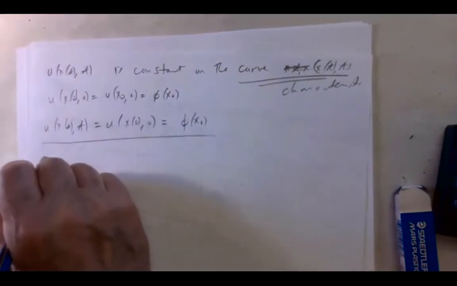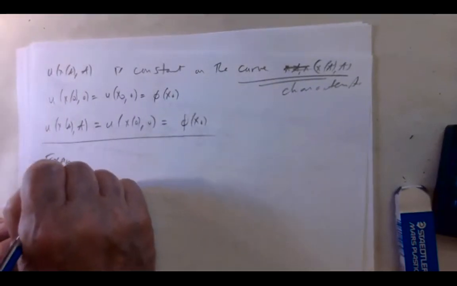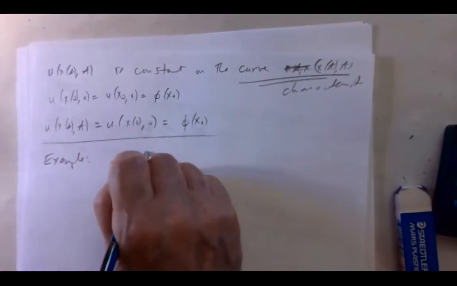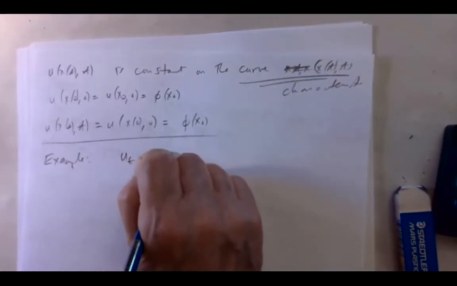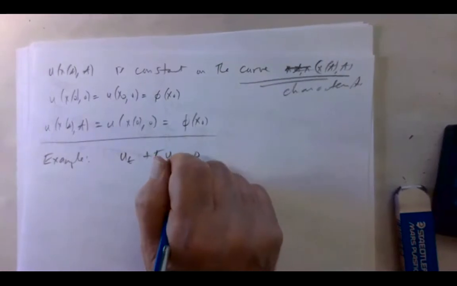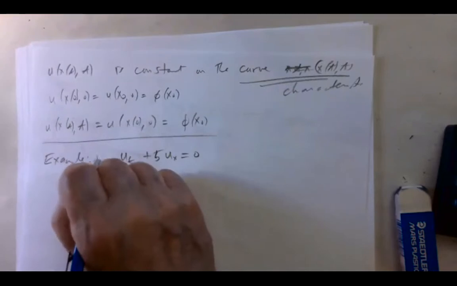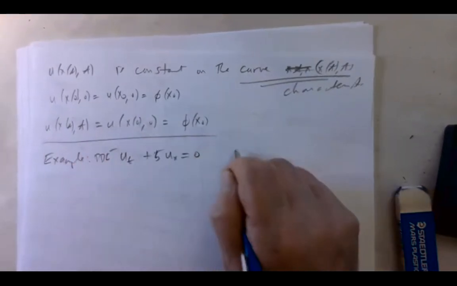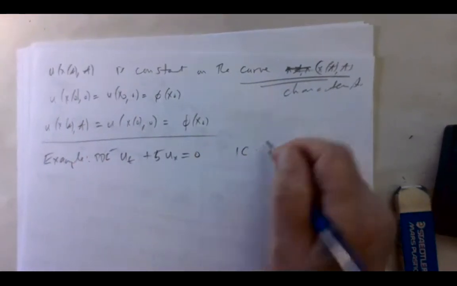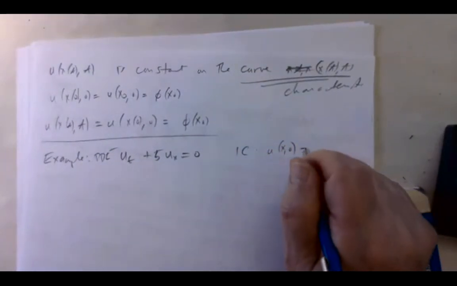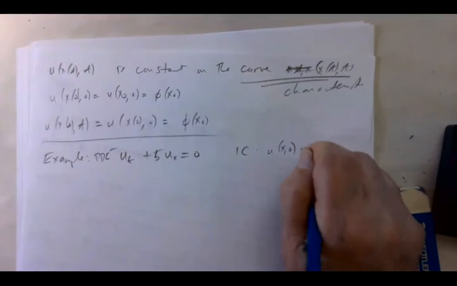Let's invent an example. Suppose I have the equation u sub t plus 5 u sub x equals 0. So this is my PDE. And my initial condition, let's say, is u of x comma 0 equals x squared.